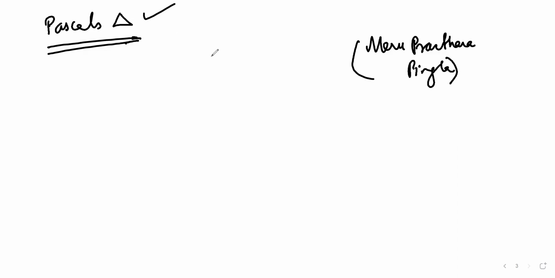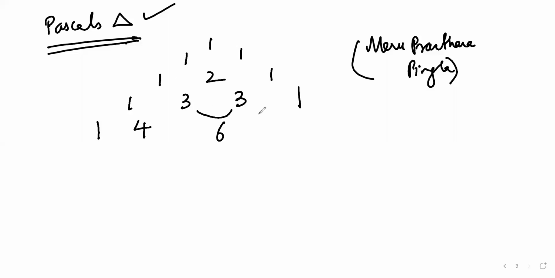See, I'm going to arrange some numbers and you'll understand this. 1, 1, 1, 1, 2, 1. I will not say anything. I'm just going to keep on writing some terms, and then you will get to know what I'm trying to talk about. 3 plus 1, 4.